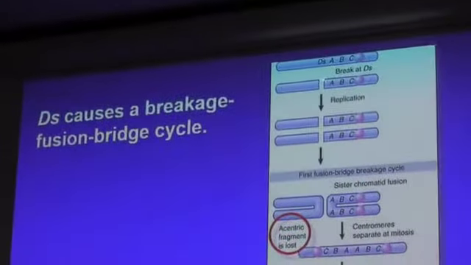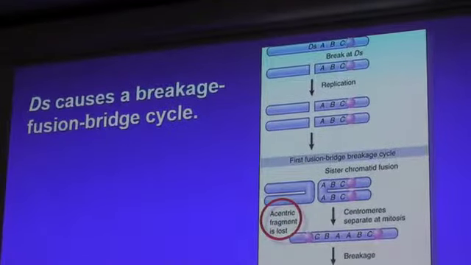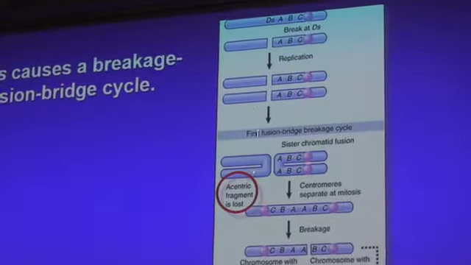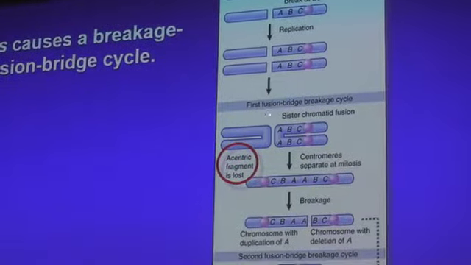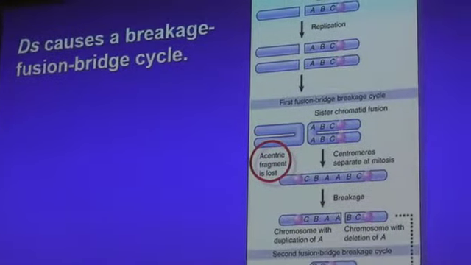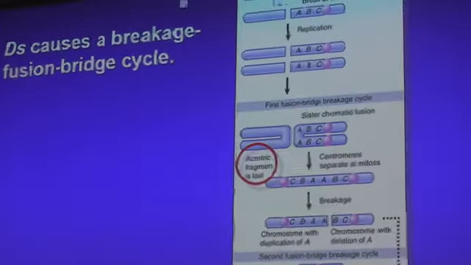This is what's really happening. You'd have the break because DS jumped out, it's non-replicated, leaves a hole. And sometimes it'll happen on both chromatids. And non-homologous end joining, it's brawny but not brainy.